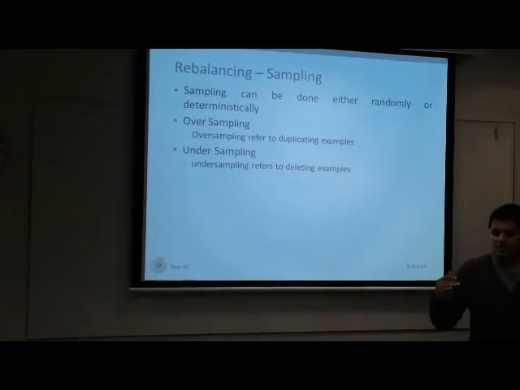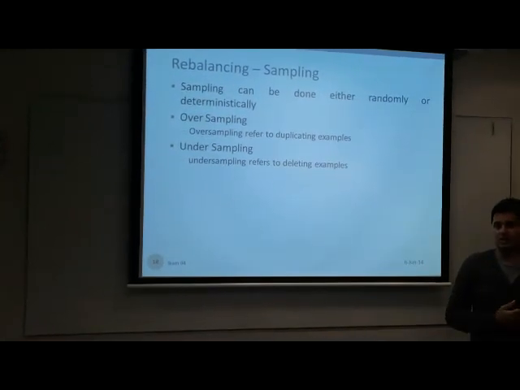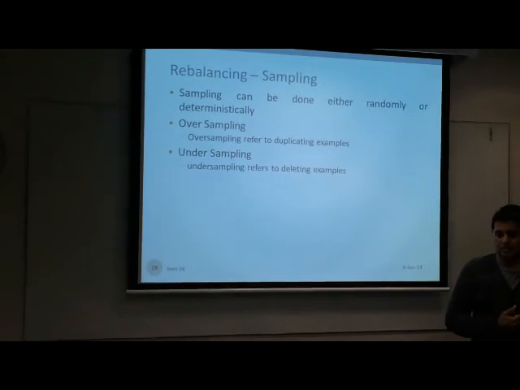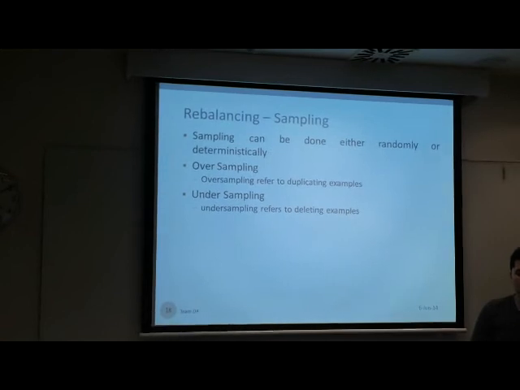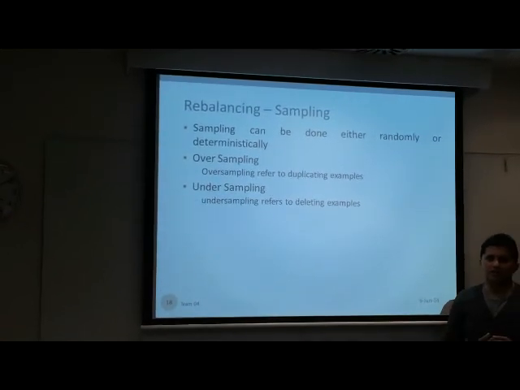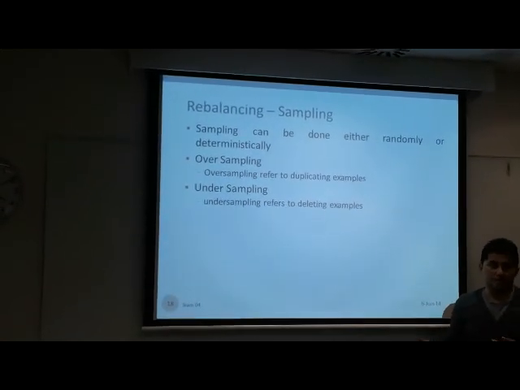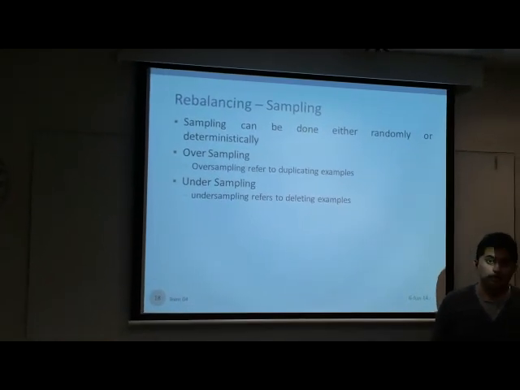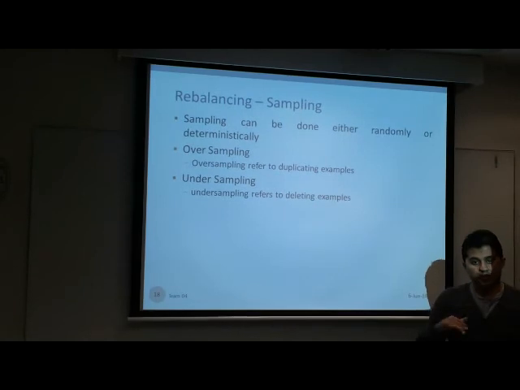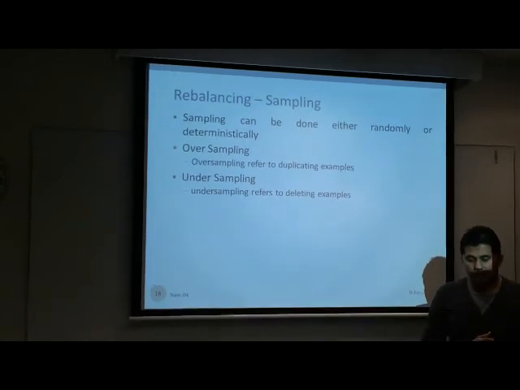Moving on, we go on to the sampling methods, which the author has briefly described. Sampling can be done randomly or deterministically, and the two methods are oversampling, which is duplicating examples in the training set, and undersampling, which is done by deleting examples.